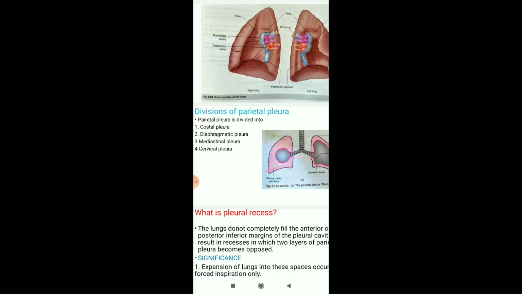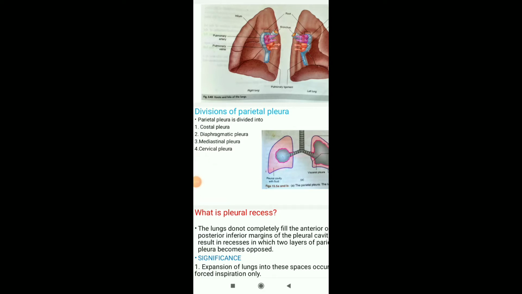It is important to know that this cervical pleura extends 5 centimeter above the first costal cartilage and 2.5 centimeter above the medial 1/3 of the clavicle.